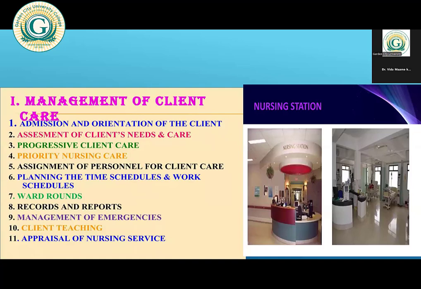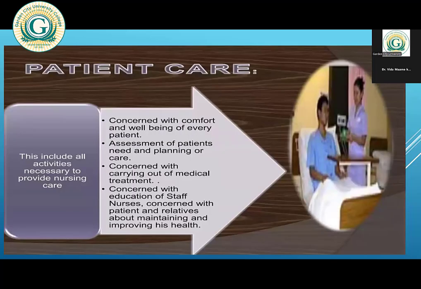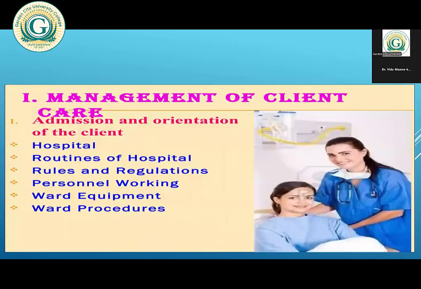So as I said, these are the activities of patient care. With their clients, it includes all activities necessary to provide nursing care. We talk about it. So these are talking about all the things.